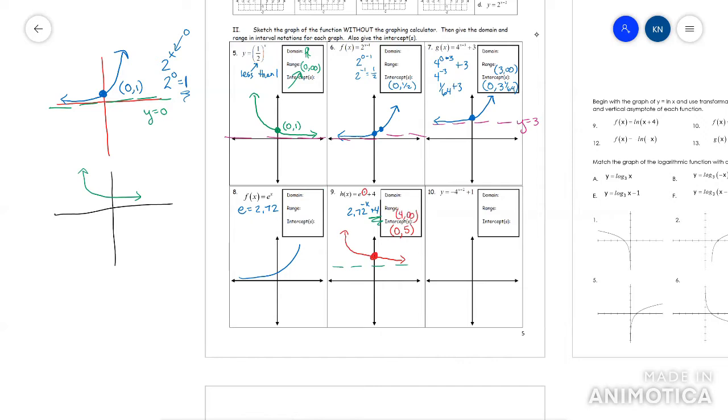So, all right, and then the last one, you have negative 4 to the x plus 2 plus 1. Well, the negative reflects it across the x-axis this time. So ignore this one. If you look back at the original, if you flip that across the x-axis, it would look something like this.